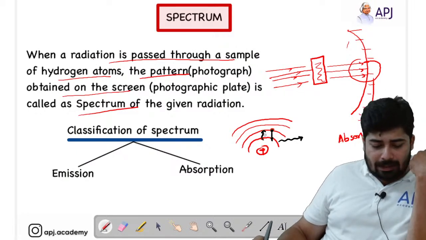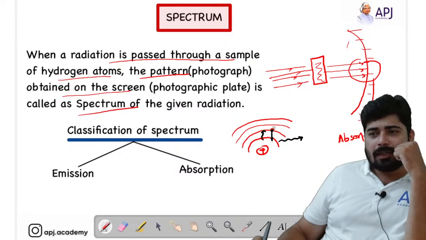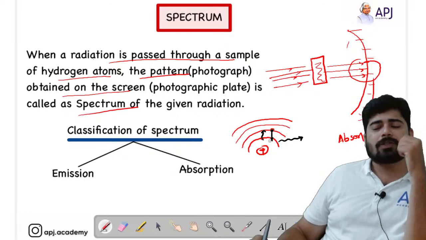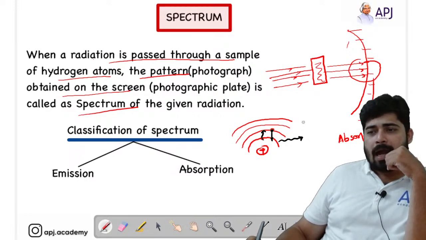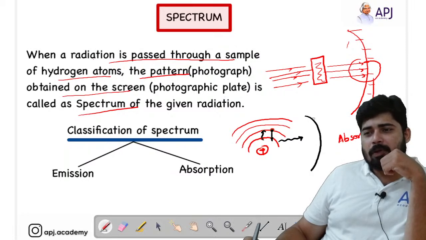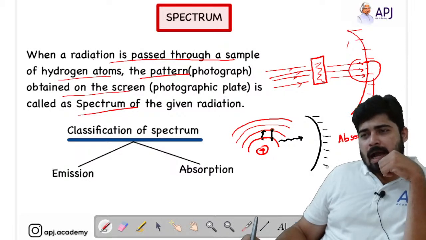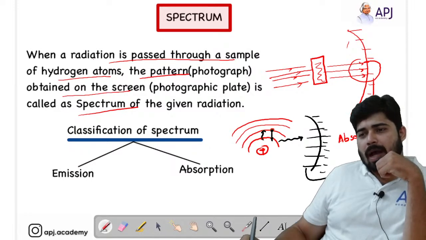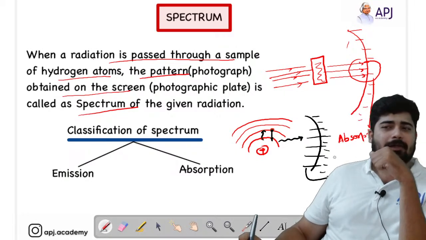So by releasing energy, the electron jumps back to the first shell or first orbit, and this energy is trapped on the photographic plate, and this is called the emission spectrum. Actually this is the energy or radiation emitted by the hydrogen atom.